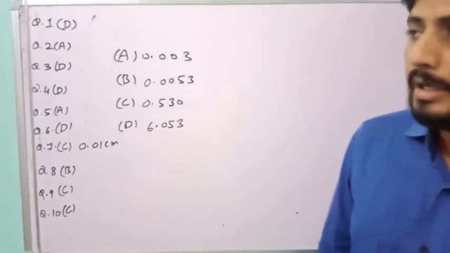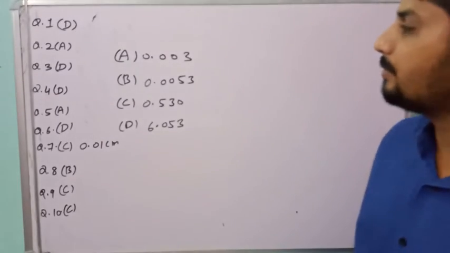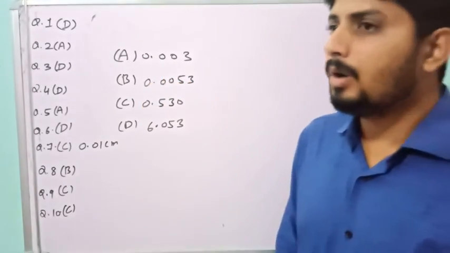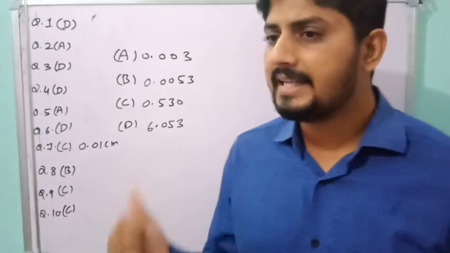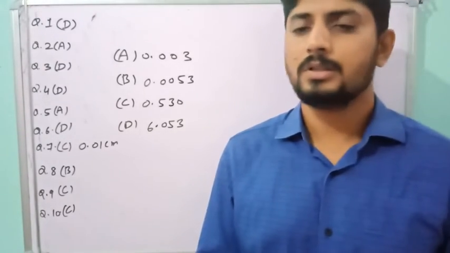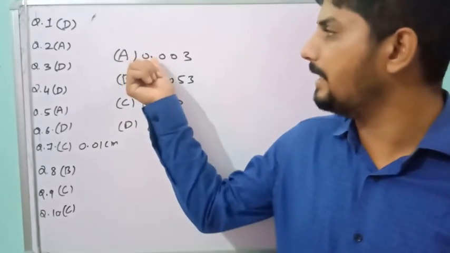If I check option A, the number is less than 1. I told you that if the number is less than 1, then the number will start with 0 point something.